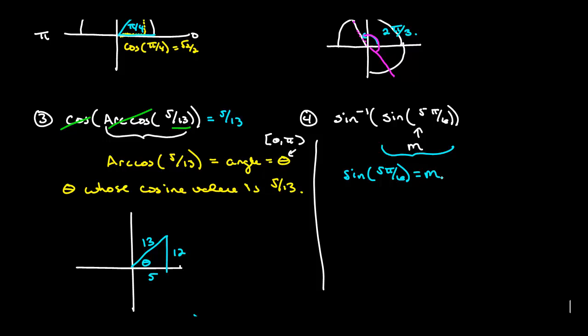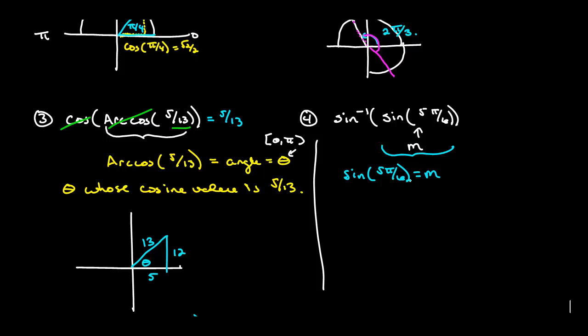We're going to let that equal M, whatever M is. So we don't know what it is yet. Now in this situation, the sine of 5 pi over 6, we can find M.